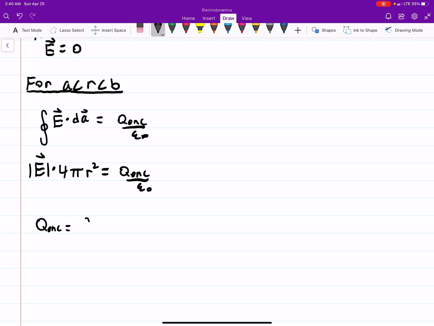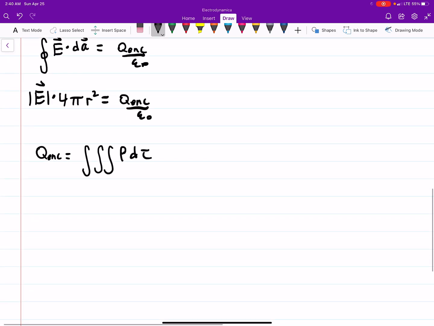So the enclosed charge is going to be the triple integral of rho d tau. The charge density, rho, which is charge per volume, times a volume element. And we know what rho is. And this is going to be in spherical coordinates.